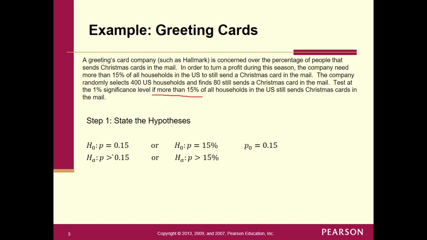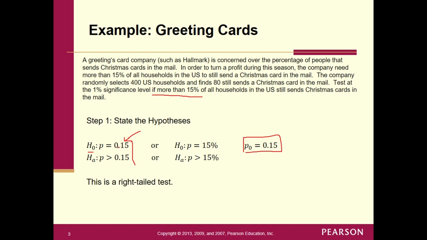Why? Because H sub 0 will be P is equal to 0.15. I personally like to state it as a decimal because I know I have to throw it in my calculator as a decimal, so P sub 0 is equal to 0.15. We know that right there is P sub 0, that value, okay?